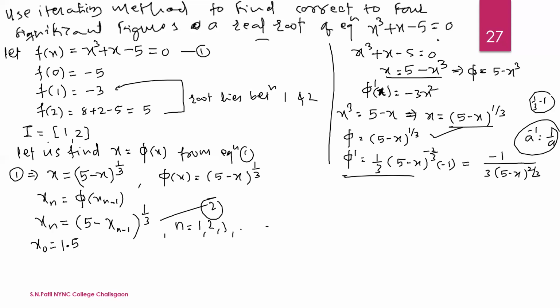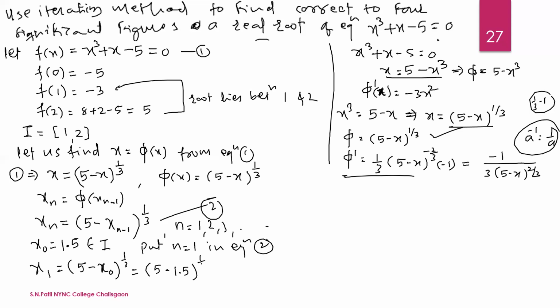Okay, it should belong to the interval I. Okay, now put n is equal to 1 in equation number 2. Then the first iteration x1 is equal to 5 minus x naught raised to 1 by 3, is equal to 5 minus 1.5 raised to 1 by 3, is equal to.